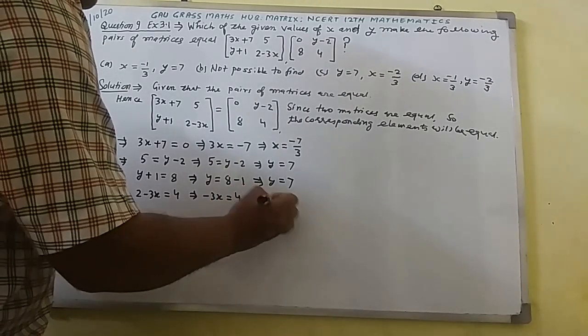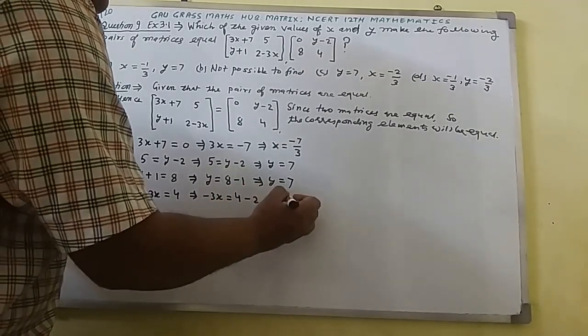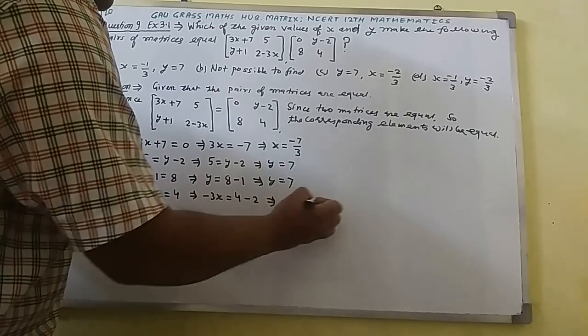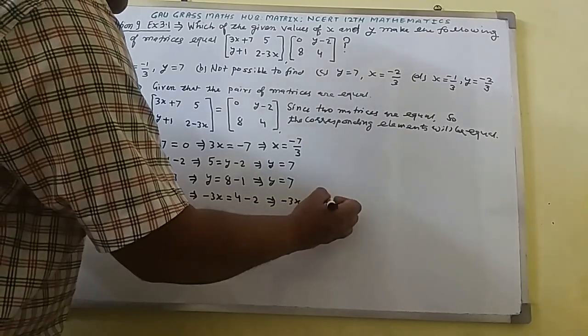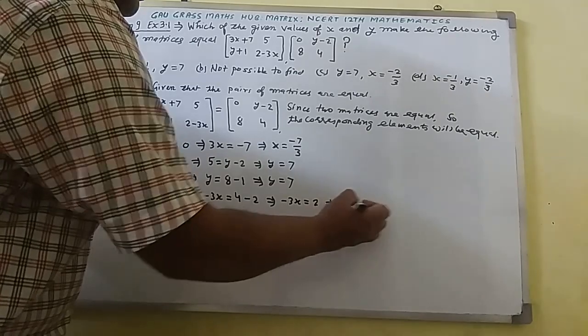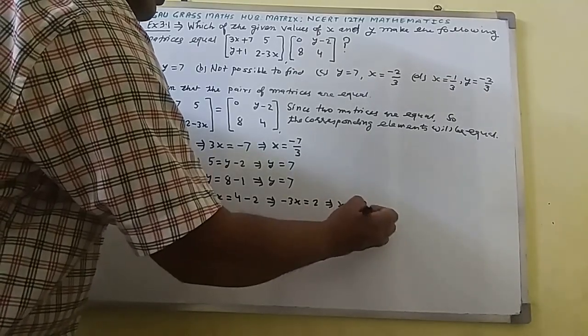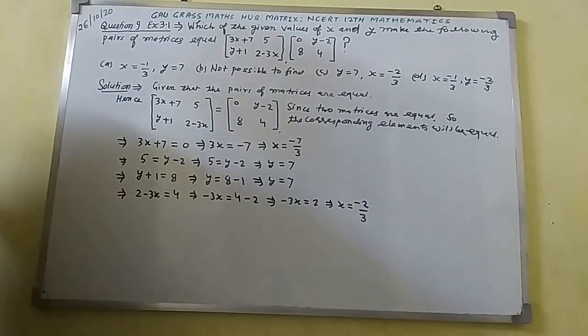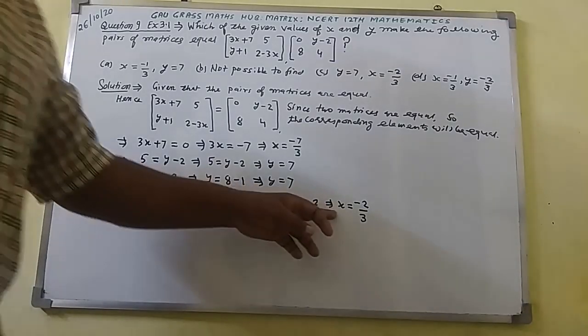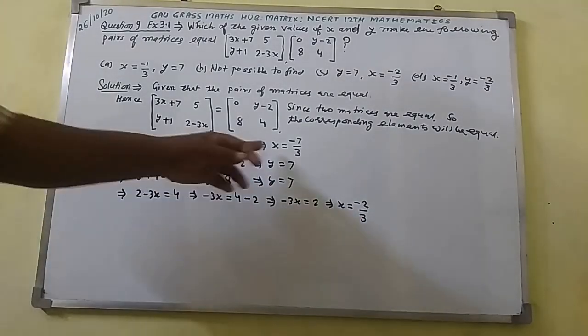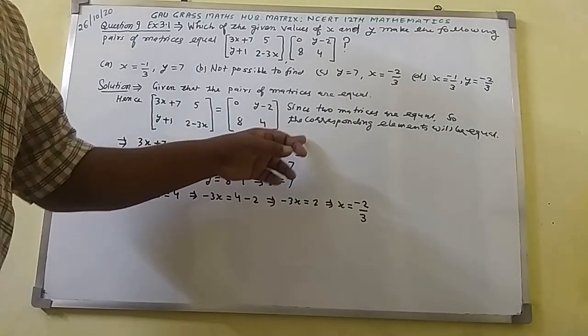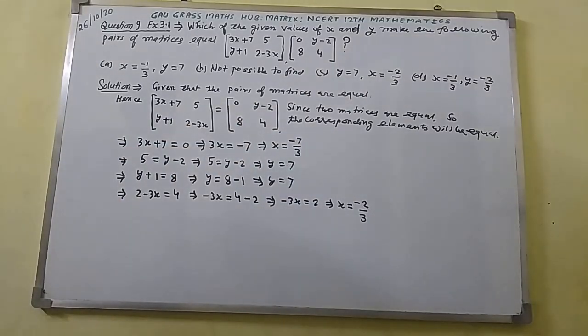It will become implied that you can write very well, minus 3x equal to 2. Implied that x is equal to minus 2 over 3 it will become. So here you have got x equal to minus 2 over 3. And here you have got x equal to minus 7 over 3.